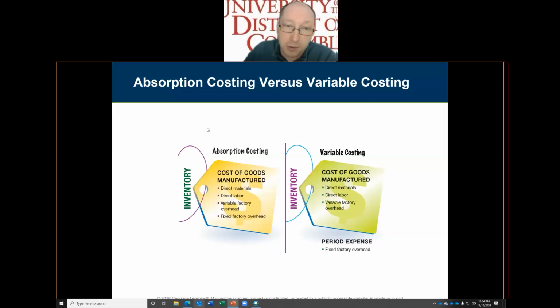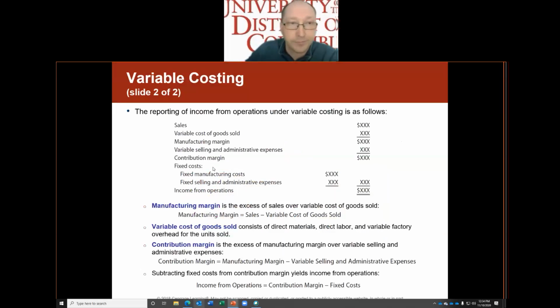That's the difference between absorption costing and variable costing. The primary difference between the two is that in absorption costing, we absorb fixed factory overhead in our total cost of goods manufactured. In variable costing, we recognize fixed factory overhead as an expense.